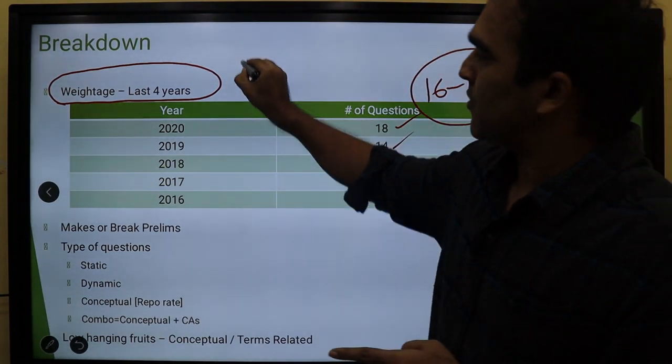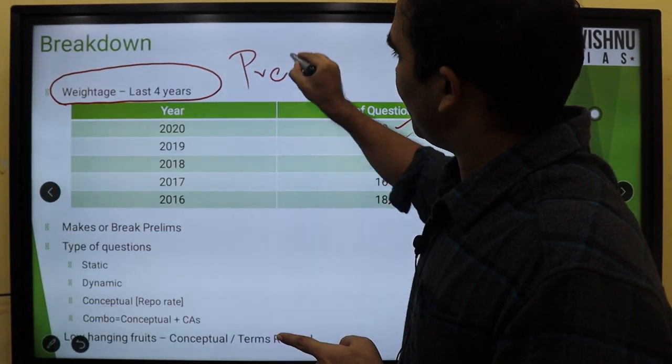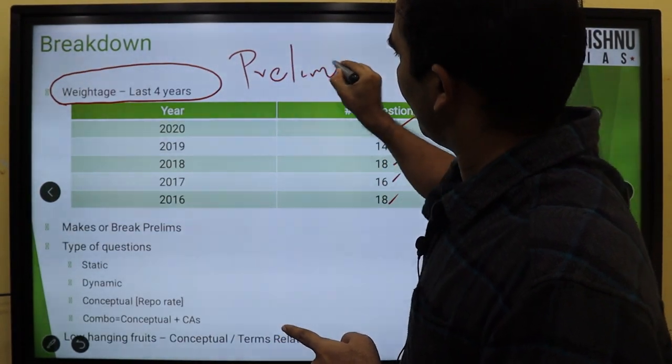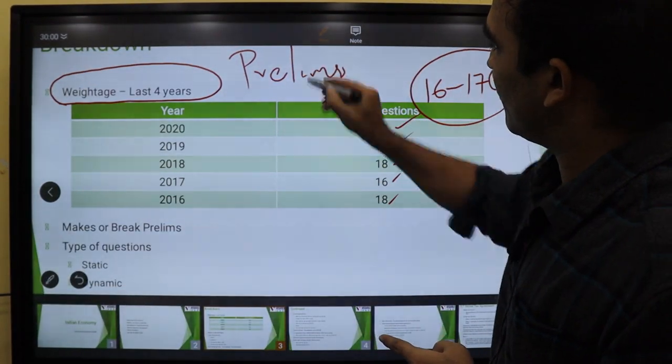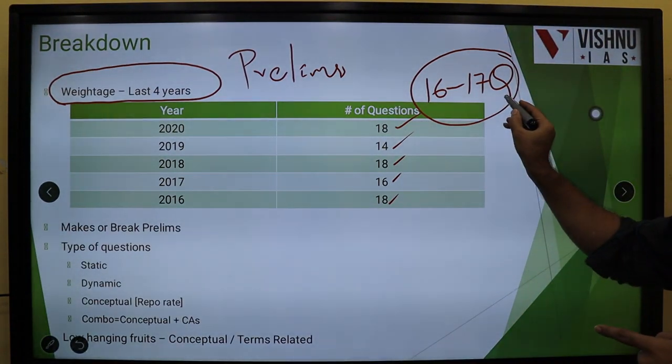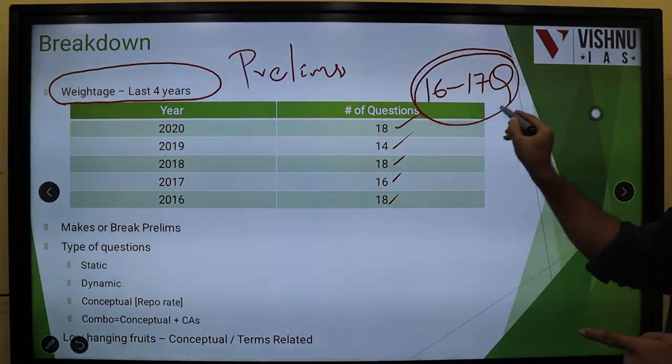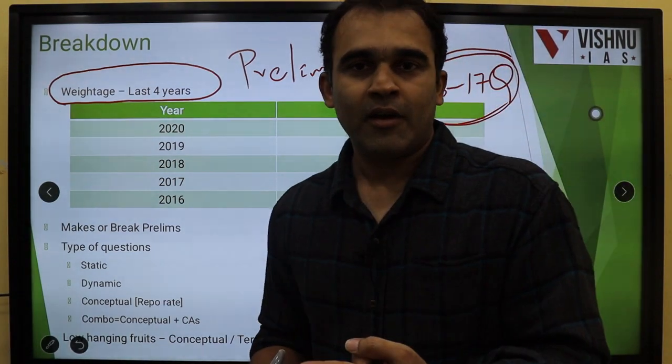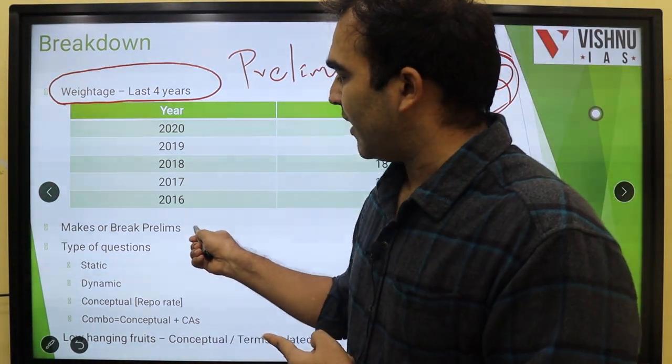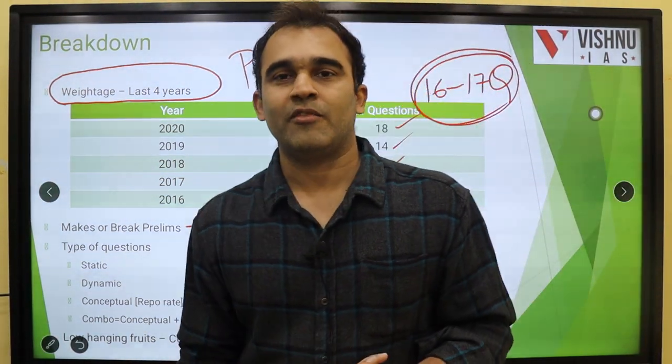Right now I'm talking about prelims. Which means there are around 16 to 17 questions, which also means what? It means Indian economy will either make or break your prelims.